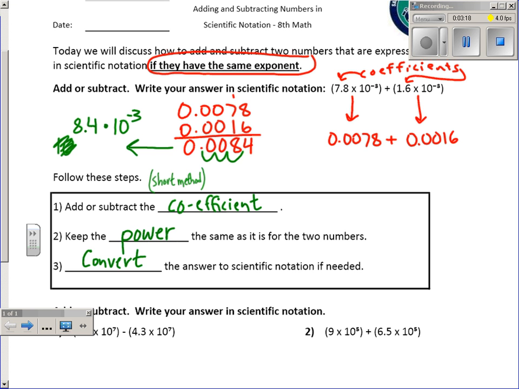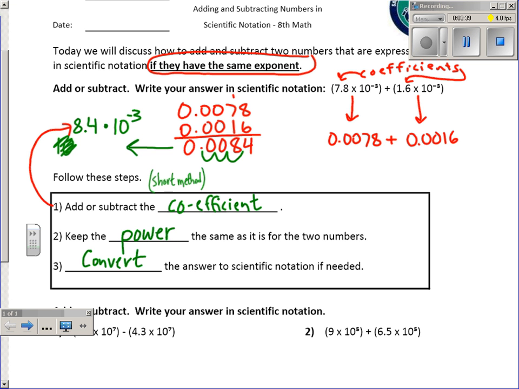If you would have done that, you would have gotten 8.4. You notice our answer here is 8.4. So 7 and 8 tenths plus 1 and 6 tenths gets us 8 and 4 tenths. So you add or subtract the coefficients and write them down. Then you put a multiplication sign, and then you put your 10.